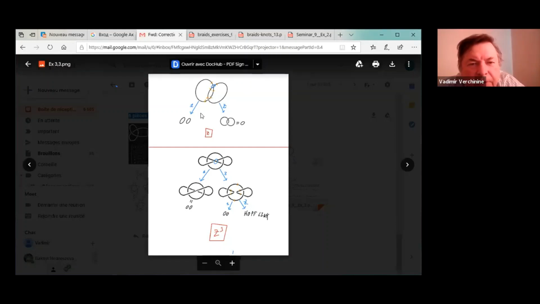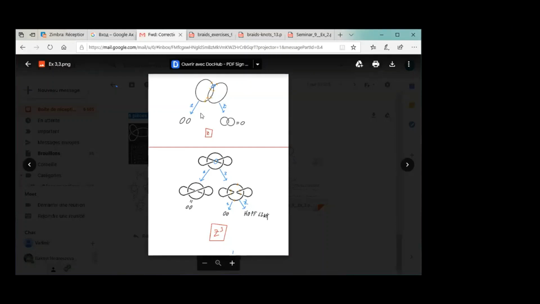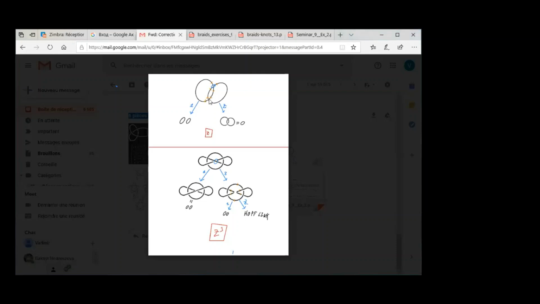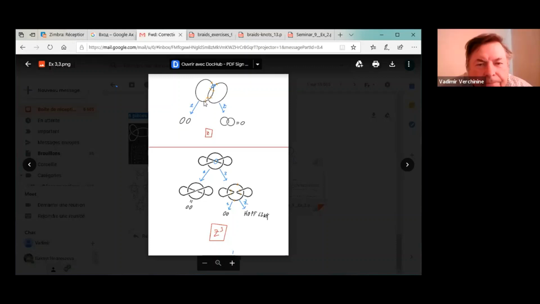Here you have just the Hopf link, right? Yes. So this is why we have two components. This is 0. No, by the smoothing, we get just the trivial knot, and on the left we get two components.